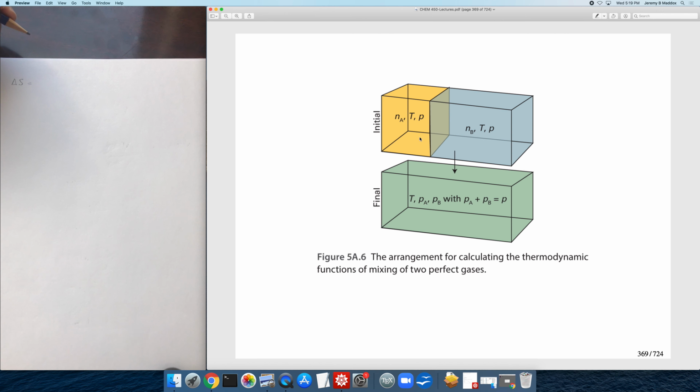So we can think of this as a gas expansion problem where gas A is confined to volume A and then it fills up the rest of the volume. Gas B is confined to volume B and then it expands to fill the total volume.